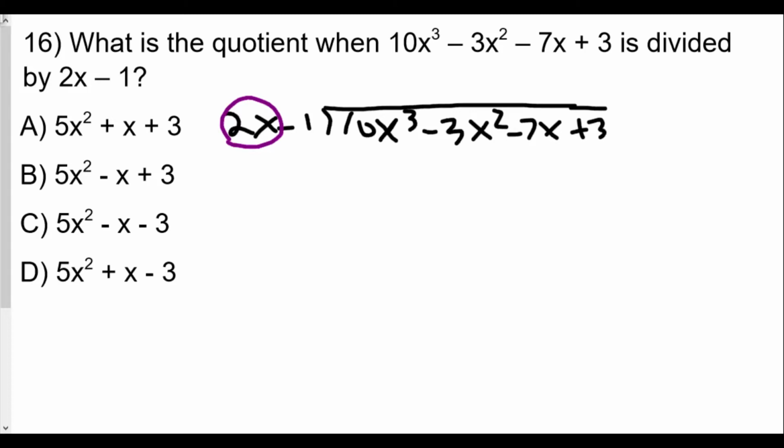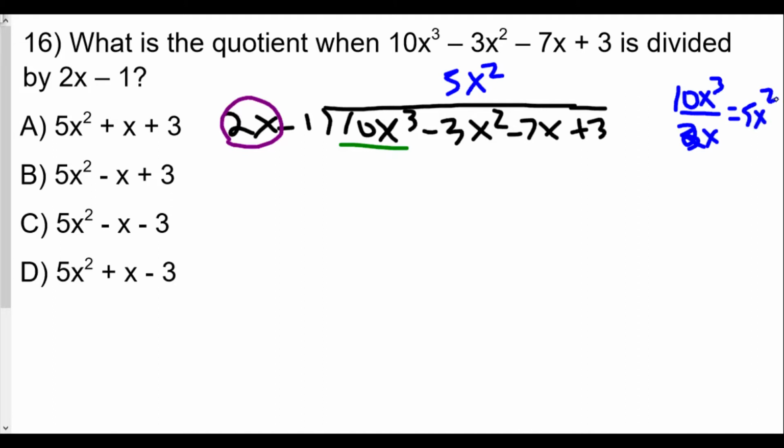So 2x divides evenly into 10x cubed. Well, that's going to be, in this case, 5x squared times. Once we find this, because again, we're taking 10x cubed and dividing it by 2x to get 5x squared.